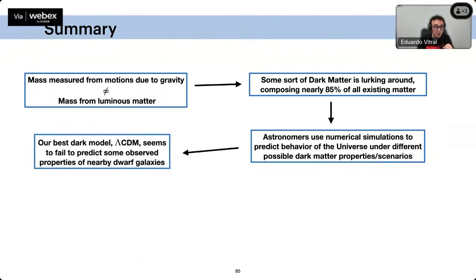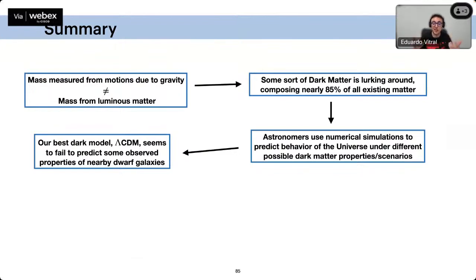However, our best model of the universe so far, called the Lambda CDM, seems to fail to predict some of the observed properties of the nearby dwarf galaxies. For example, this cusp that it was predicting actually seemed to be more like a core, or in other words, the dark matter profile, instead of piling up in the center of galaxies, seemed to be rather constant.